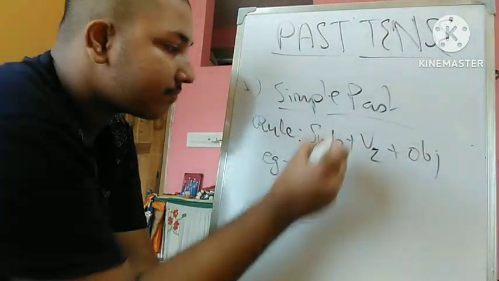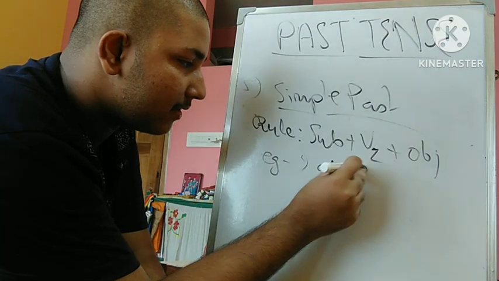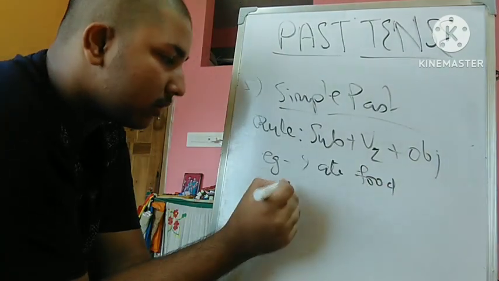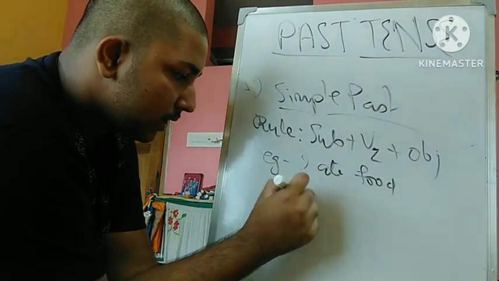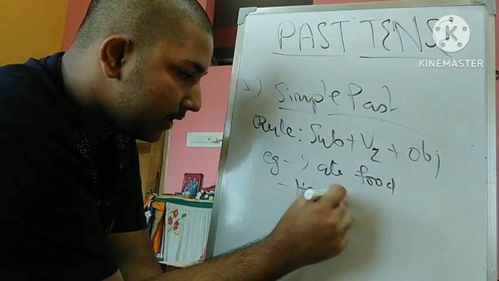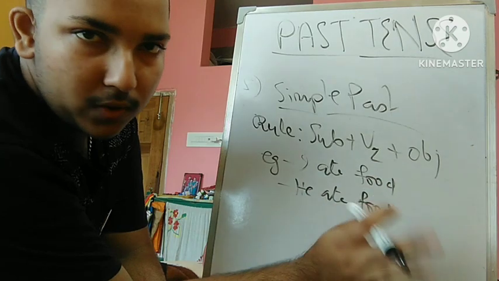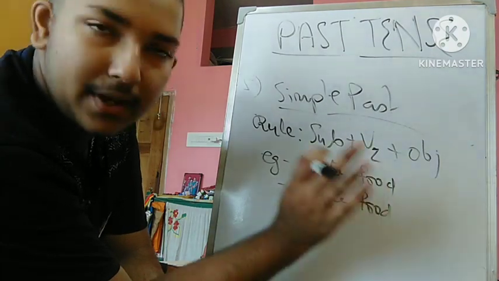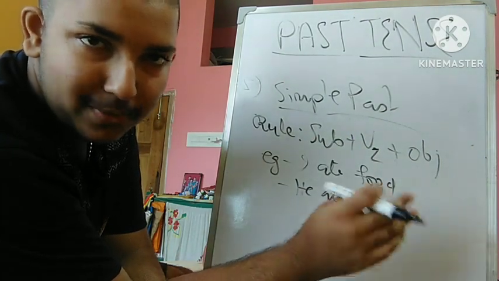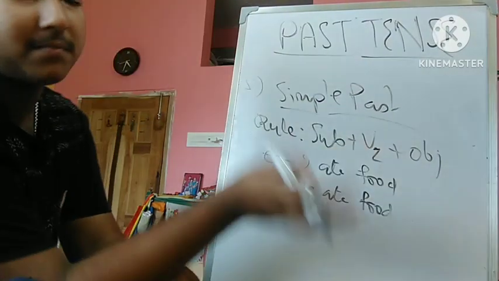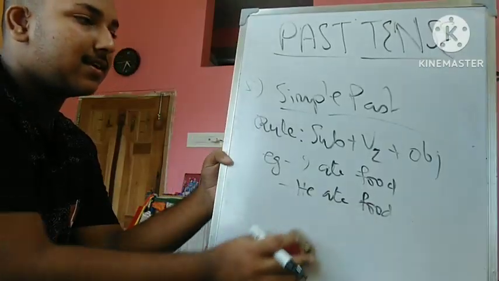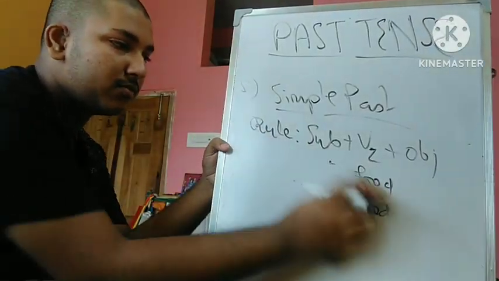I ate food. He ate food. No s or es will be added, and no change in the verb will happen here. Very simple. Do write down these rules. Move into next.